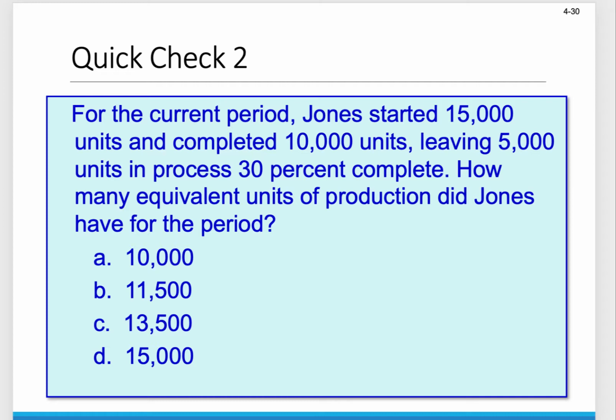We know we have to take the partially completed units, 5,000, by the percentage that they're complete. That's 30%. So if we took 5,000 times 30%, that's 1,500.